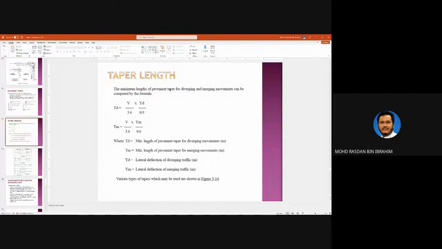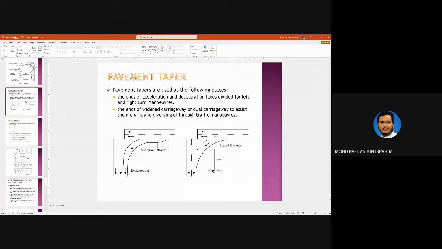Okay, and minimum length of pavement taper for this is the length of taper, and this is the width of the lane. So if you are moving from the middle of this lane to the middle of this lane, for example, assume that the lateral movement is one lane. So if the width of this lane is 3.5, then the lateral movement is also assumed to be 3.5, more or less.